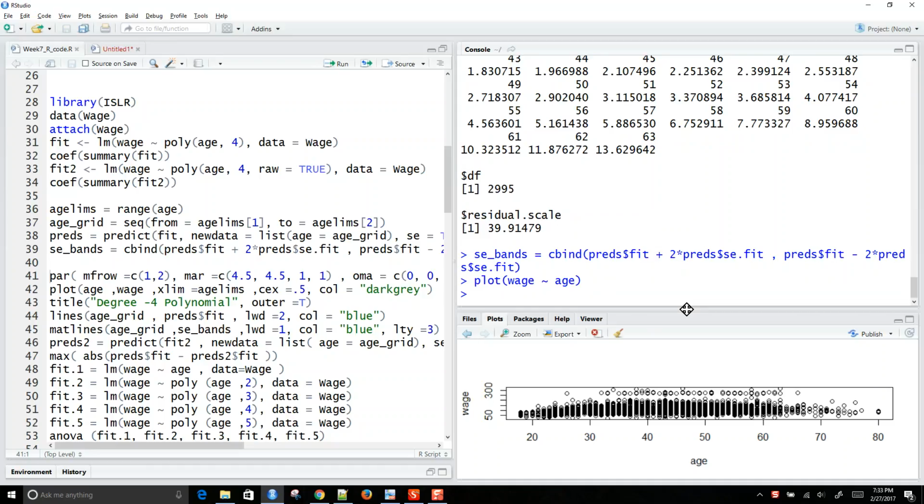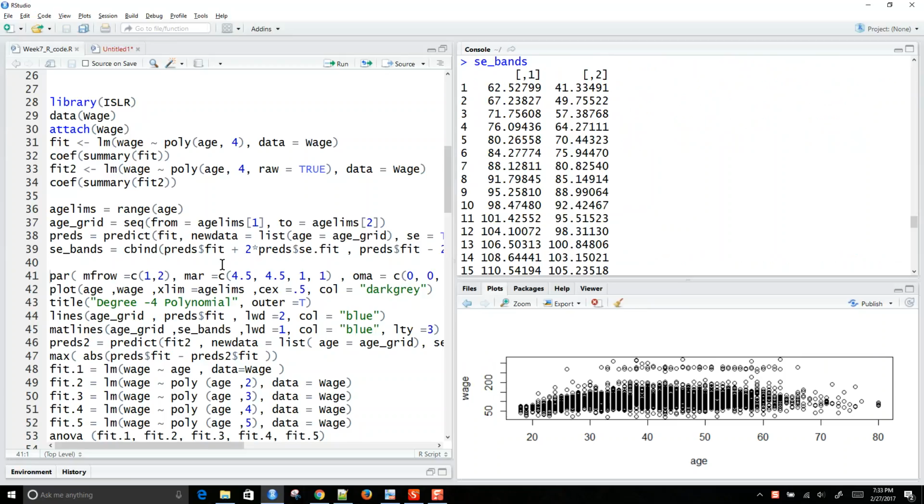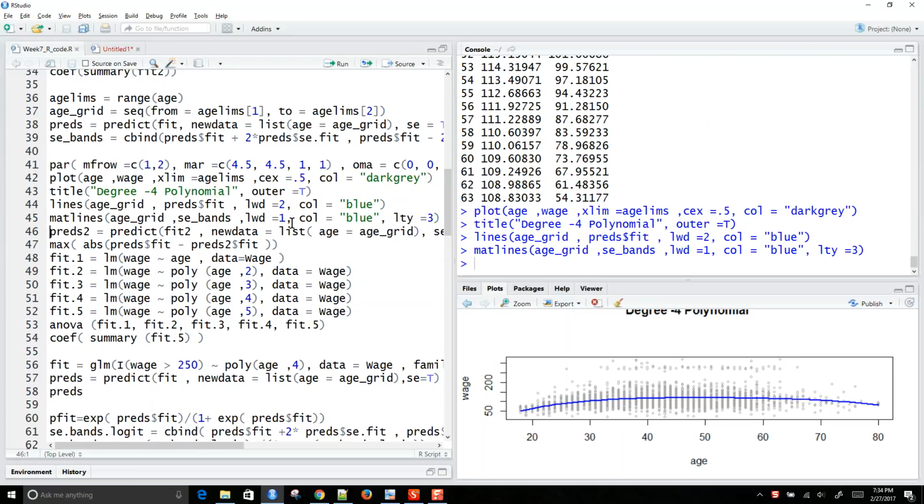Okay, and then the textbook just provides some code for plotting some of this stuff. Okay, so we can plot this, and we'll add the prediction line here. Okay, I guess this is the 4th degree polynomial fit, and then we can add, it's hard to see, but this is the bands showing our upper and lower bounds of what we predict this to be.